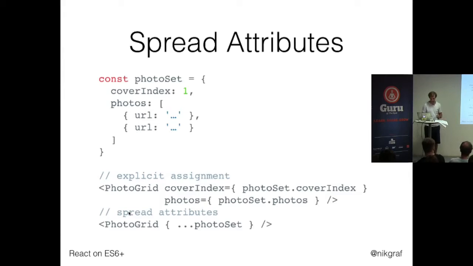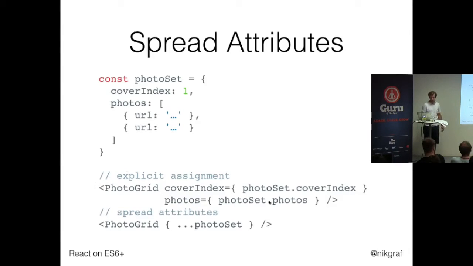With spread attributes, you can do exactly the same. And this is really, really useful if you have components and you want to pass down data, or all the properties. So if you have wrapper components and then you have another component inside, and then another component inside, and you simply want to pass it down to the last component, you can always use the spread attributes, because you just pass from the top.